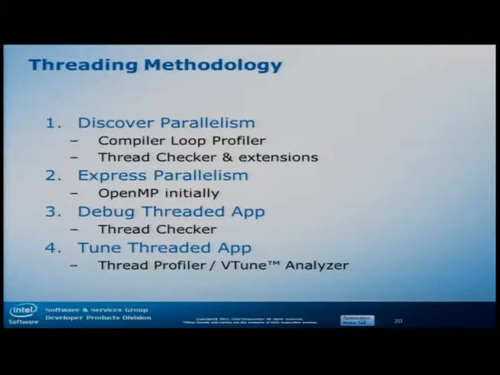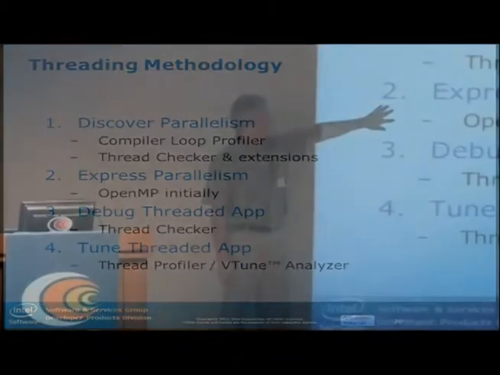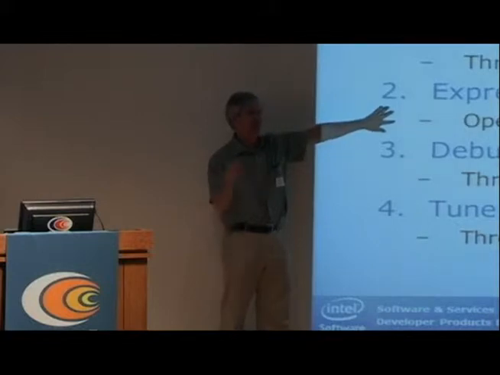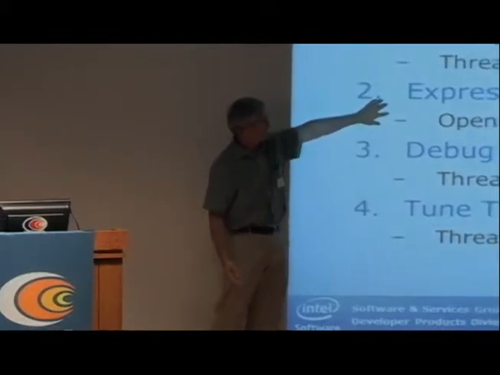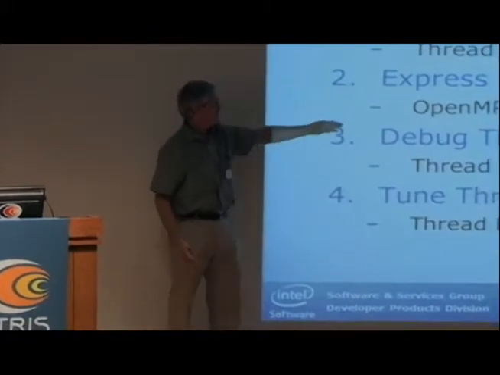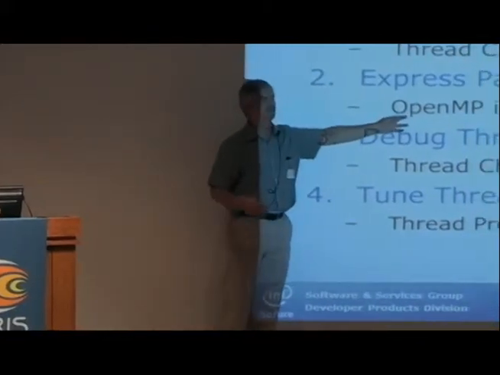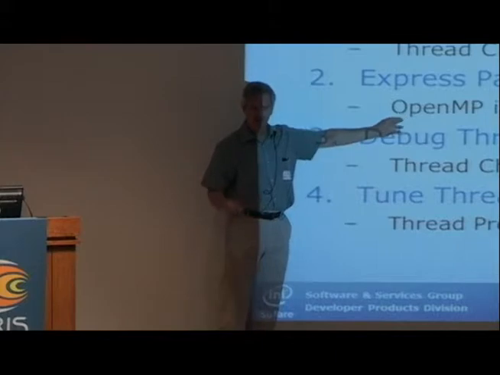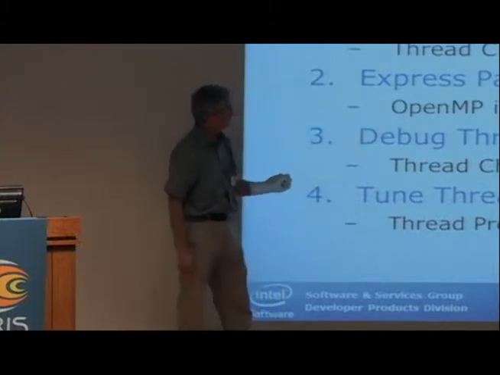Express the parallelism. In the case here, actually write some code that makes it parallel. In the case of Advisor, you do some macros that quickly get you a look at parallelism. But in this case, they decided to parallelize it in as simple a model as possible. So OpenMP was selected for that.